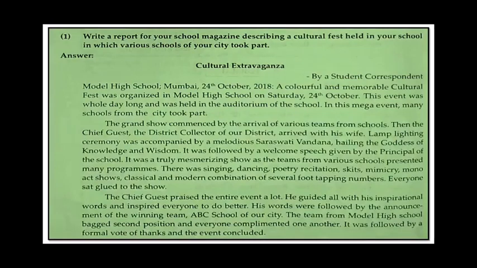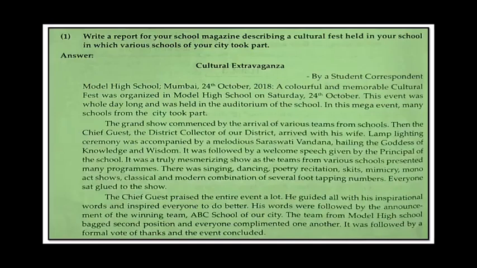Now below that you can see the name of the school is given. So when you write a report for a school magazine, you need to write the school's name, and then the place, that is where the school is, that is Mumbai, and then the date.